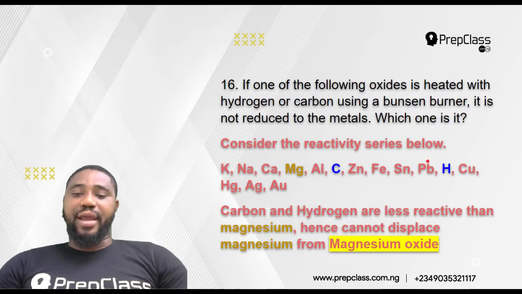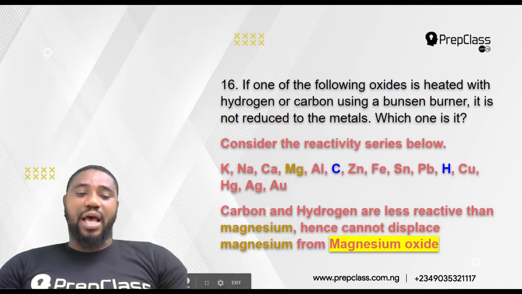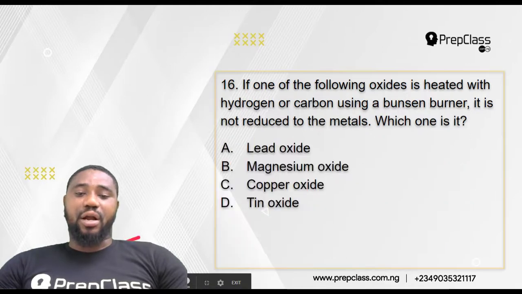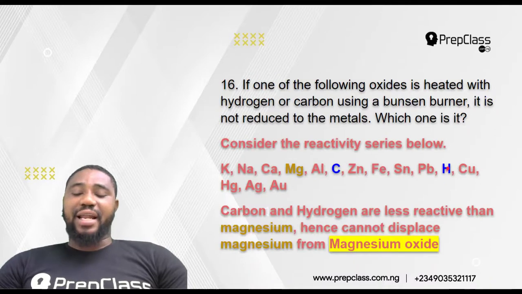Look at lead here, magnesium here, copper here, and tin here. You can see that lead and tin are more electropositive than hydrogen. So hydrogen cannot liberate lead or tin from their oxides. Lead and tin are higher than hydrogen.